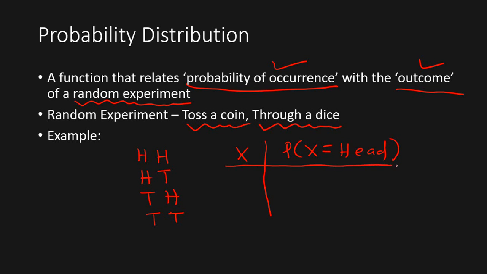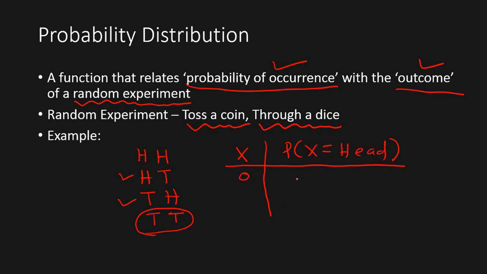Okay, so what is the probability that we could potentially get one head? Now you will see in the outcomes there are two cases where we have only one head, right? So we will start with 0 heads. Okay, so what's the probability that the random variable x takes 0, or we get 0 heads in the experiment? So that's only one case, the last case, right? When we have only two tails, so we do not get any head.